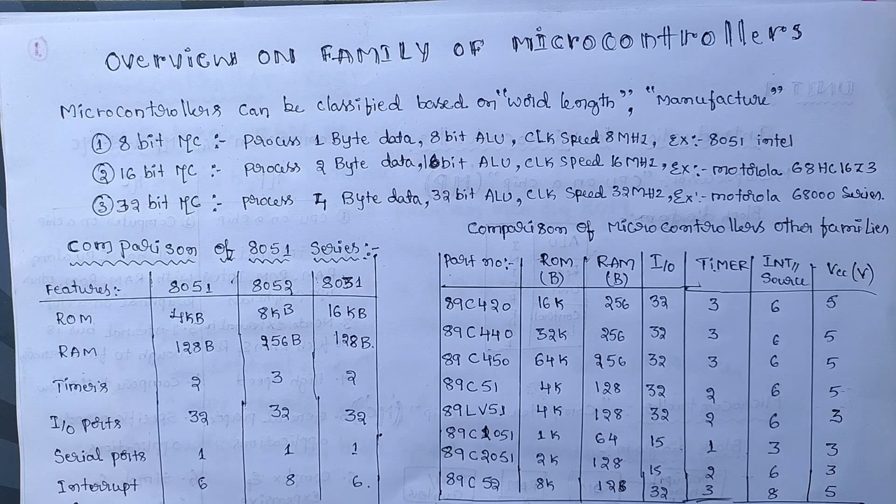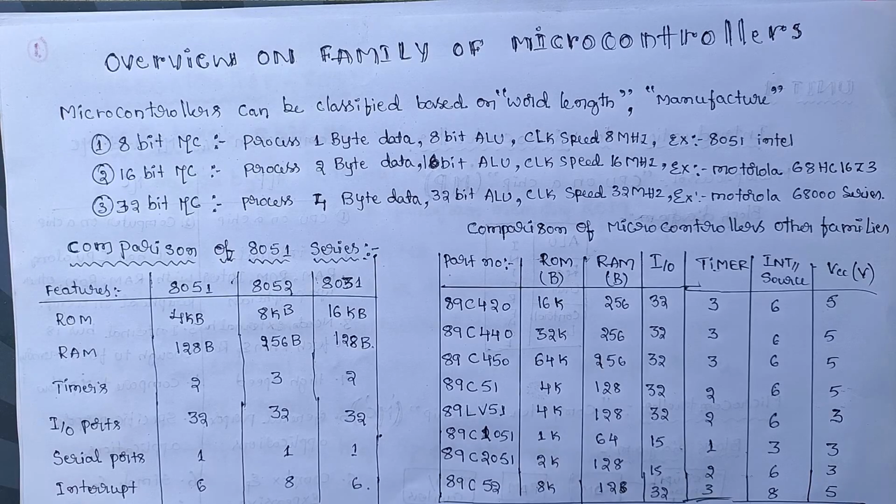Examples: the 8-bit microcontroller is in the Intel 8051 family, the 16-bit is the Motorola 68HC16Z3, and the 68000 series is considered 32-bit.